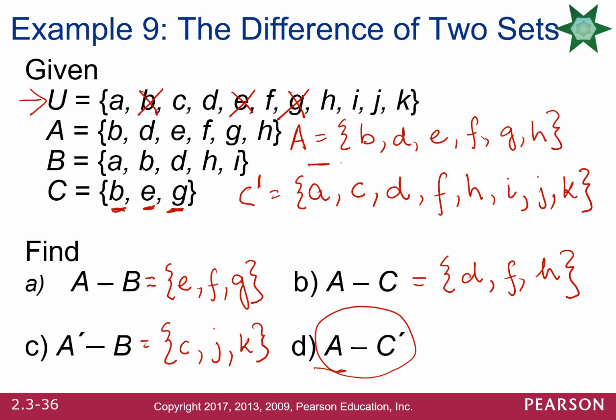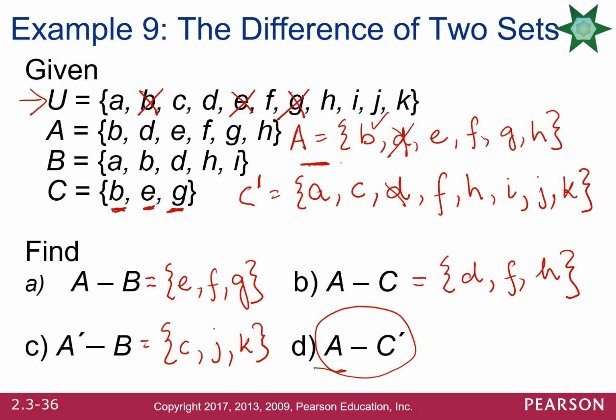So when we subtract these two, A minus C naught, we have to again remove the common elements from A, all right, from A. So A is not common, so let's see what is common. B is fine, right? This is good. D is common. We have to remove that. Not from here, though.